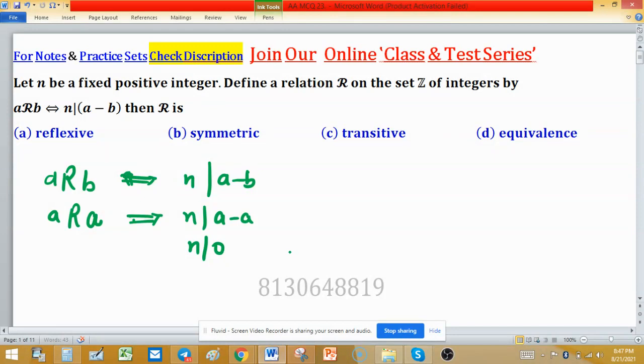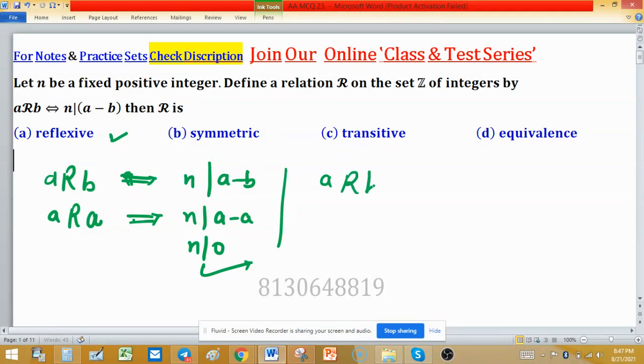Otherwise divisibility makes no sense. So all elements satisfy this relation, meaning each is related to itself. So the relation is reflexive.